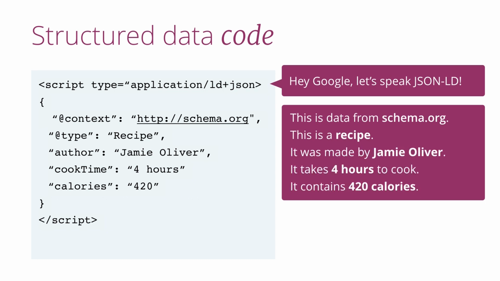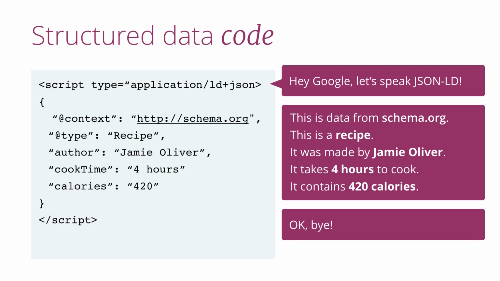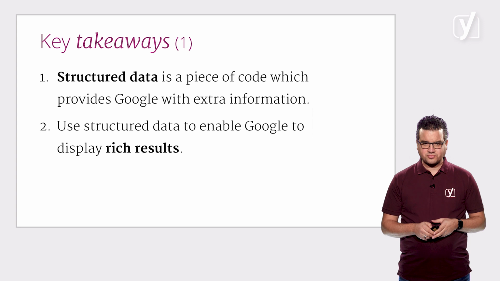It's made by Jamie Oliver. It'll take you 4 hours to cook, which means I'll never cook it because I don't have that long. And it contains 420 calories, which seems not too much if it takes 4 hours to cook. And then at the end, there's the /script, and that closes it off. As you can see, this is completely separate from all the other markup on the page.